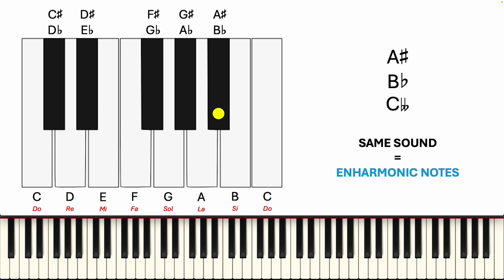Of course, they sound the same, I'm playing the same thing, but they serve different functions. So A sharp and B flat and C double sharp, they mean different things depending on the context where they are being played. And that's something super, super important in music theory, is to understand the context, what's going on, even though they sound the same.